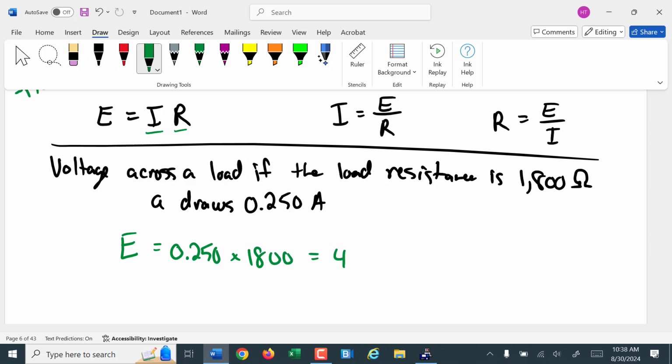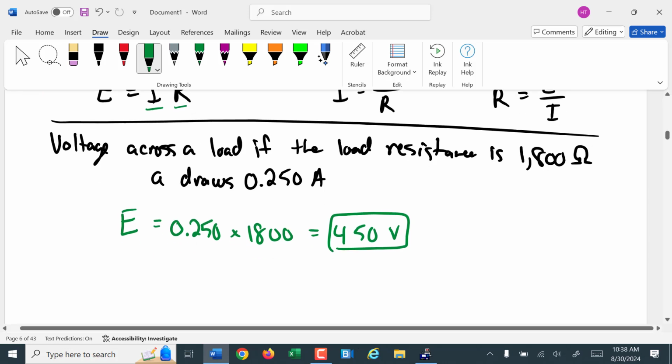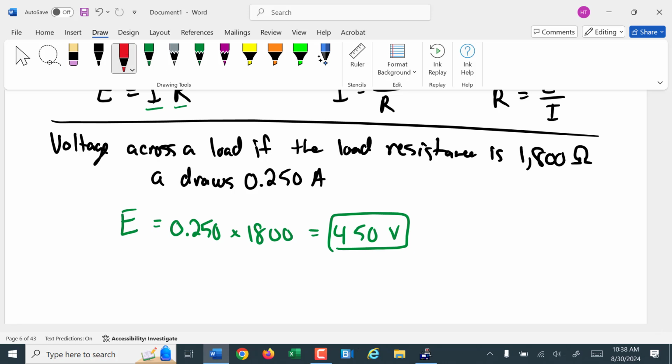So simply to find the voltage, E, current times resistance. Perfect. 1800 times 0.25, which will give us, what's that, 450? I'm pretty sure it's 450.